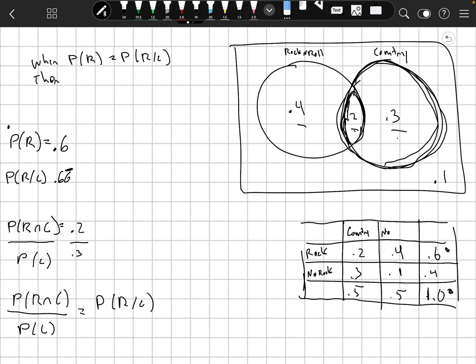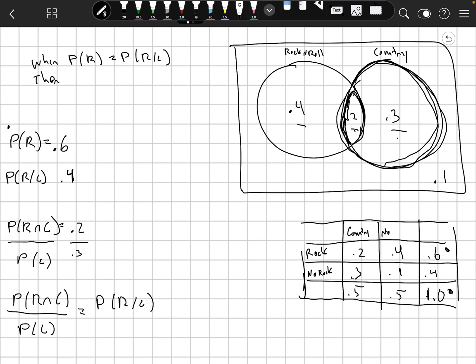So I actually have it written wrong here. It's just 2 out of 5, which is 40%. So if you like country, chances are less likely that you'll like rock and roll. Kind of an interesting thought there.